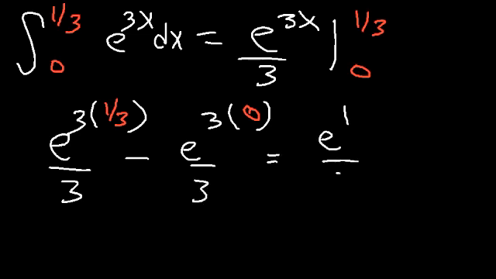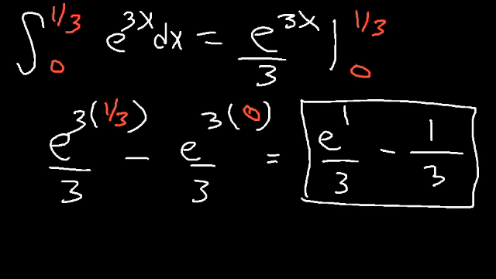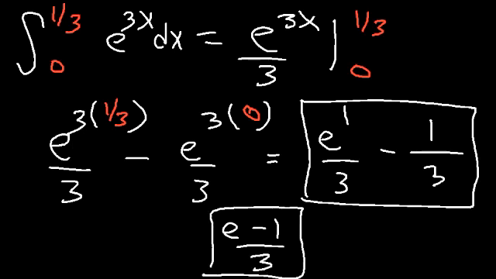So this is e to the 1 divided by 3. e to the 0 is 1. Anything to the 0 power is 1. So this is the answer. e over 3 minus 1 over 3. Which you can write like this if you want to. As a decimal, this is about 0.5728.